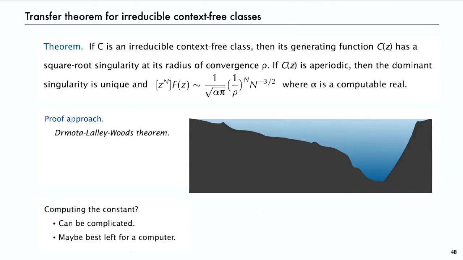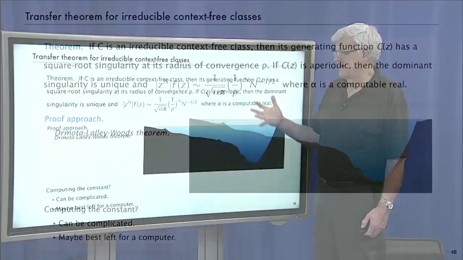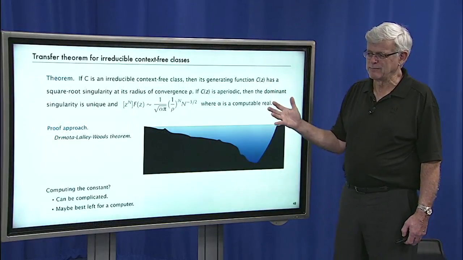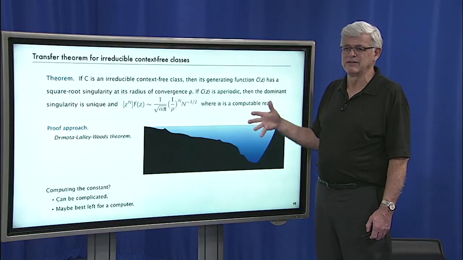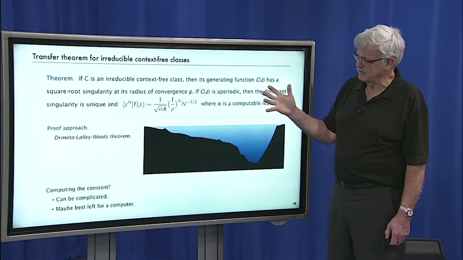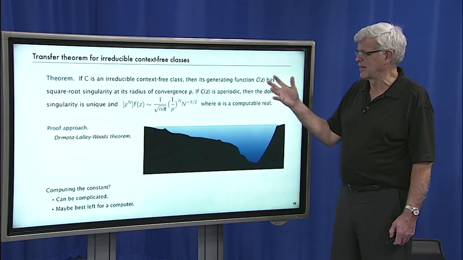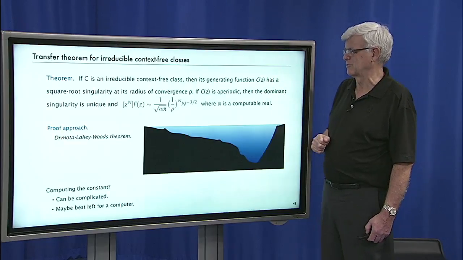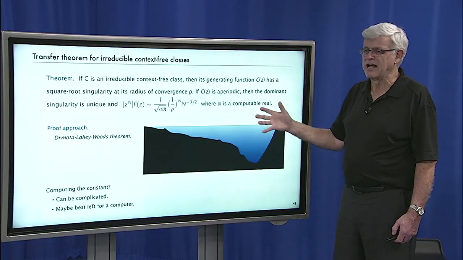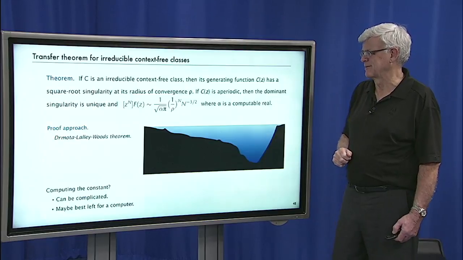Computing the constant even for such classes can be complicated and is maybe best left for a computer. So I'm not even going to give applications of this, because there are a lot of things that have to be checked. That's not introductory analytic combinatorics.